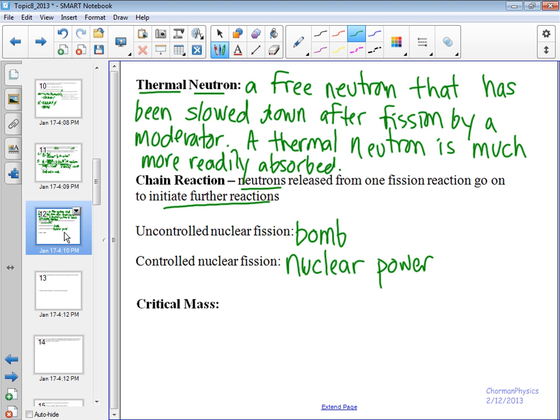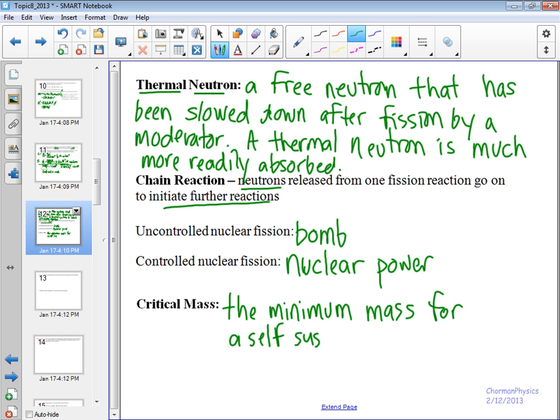All right. There's one more vocab word here that you guys need to know. So the critical mass is the minimum mass that you need present when you enrich uranium, all right, for a self-sustaining chain reaction of fission.